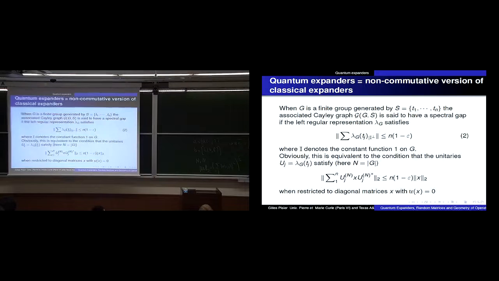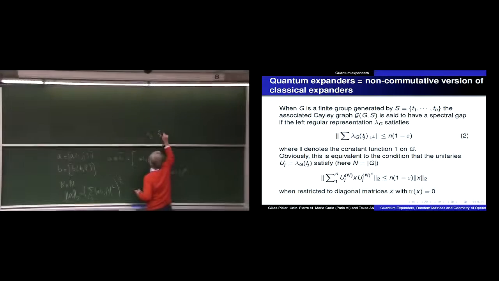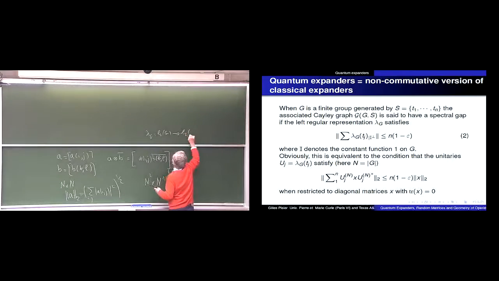So lambda G takes L2G to L2G. The group is finite, but we can write all this.